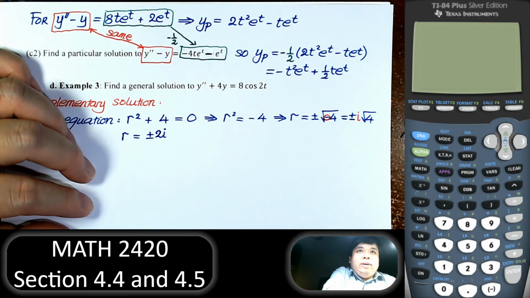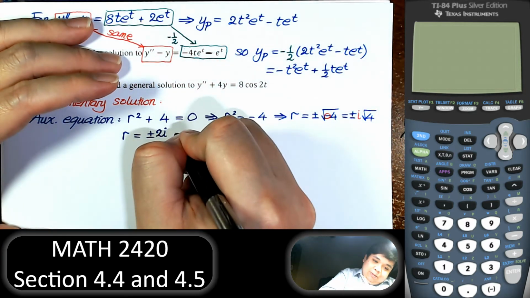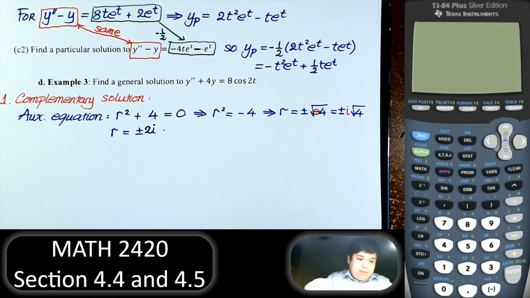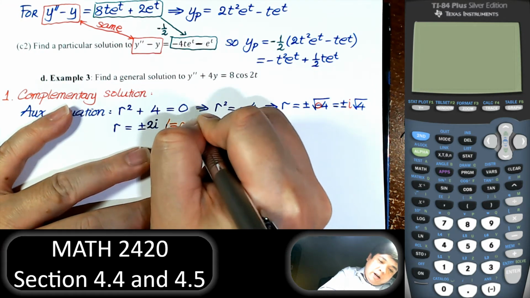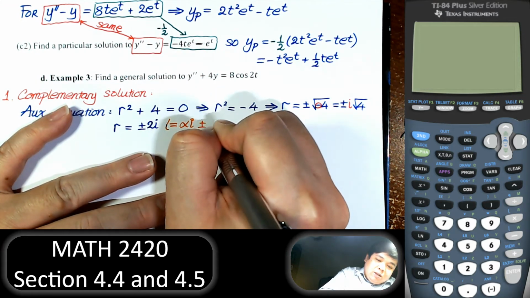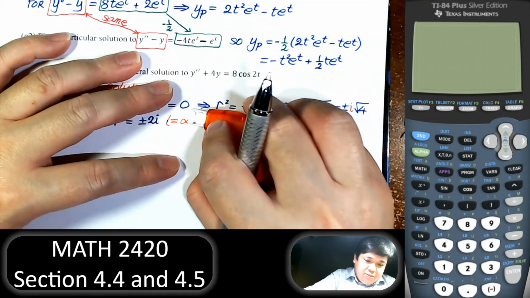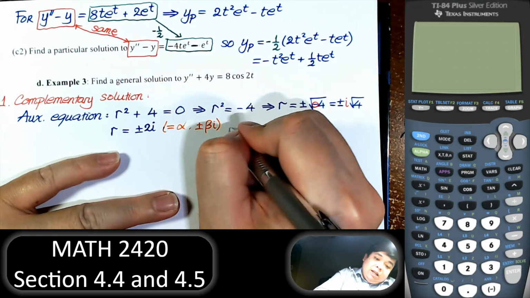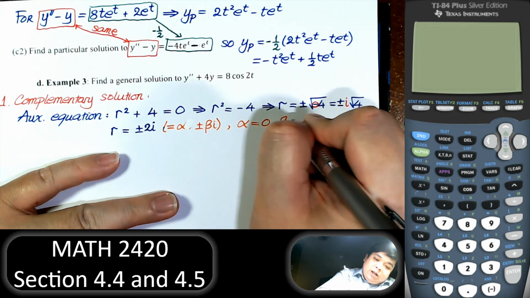Plus or minus 2i. So if we write it in the complex form, alpha plus or minus beta i, then alpha equal to 0, beta equal to 2.